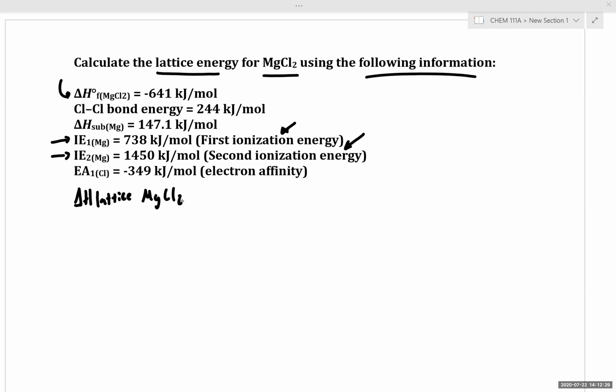Yep, that's a correct equation for the second ionization. Okay, we'll discuss in about another 3 minutes.